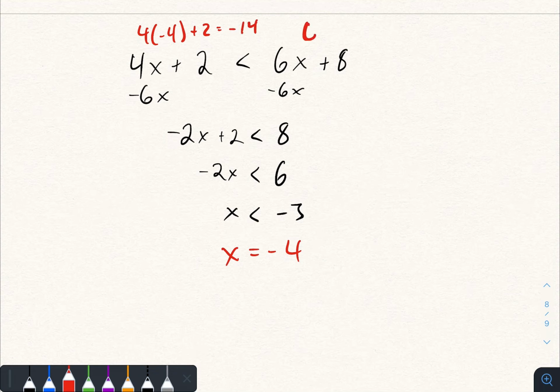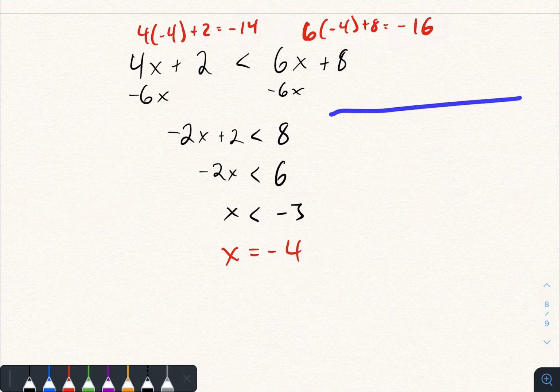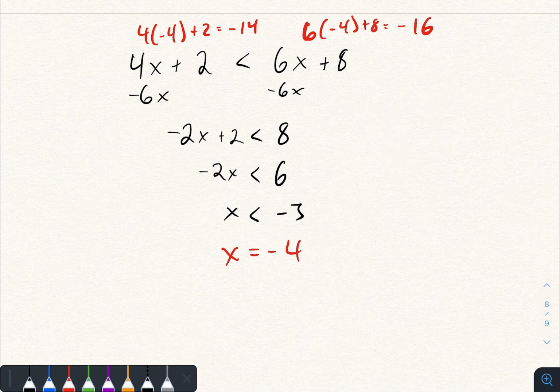And on the right, we get 6 times -4 plus 8, which is equal to -24 plus 8, which is -16. So is -16 bigger than -14? No, it is not. -14 is the larger of the numbers because on the number line, here's -16, here's -14. -14 is further to the right, so this is the bigger number.